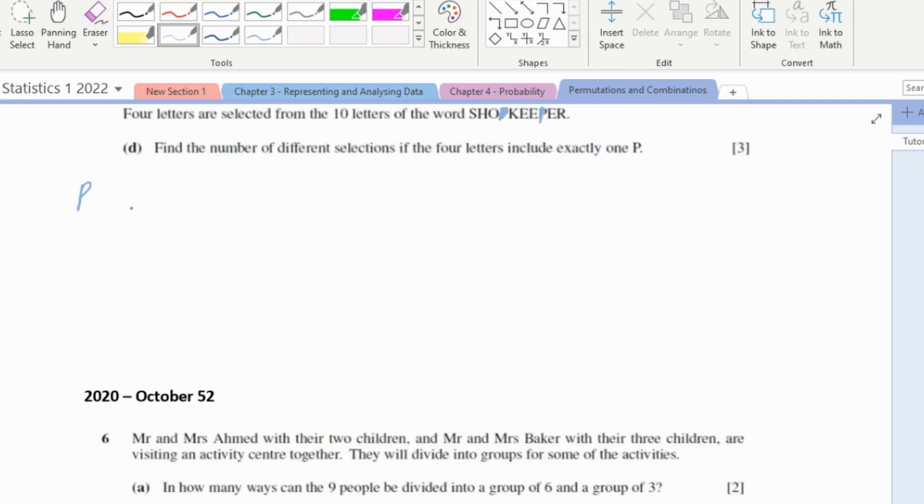So we can have P and 3 letters that aren't E. We could have P and 1 E and then 2 letters that aren't E. Or we could have P and 2 letters that are E and 1 letter that's not.